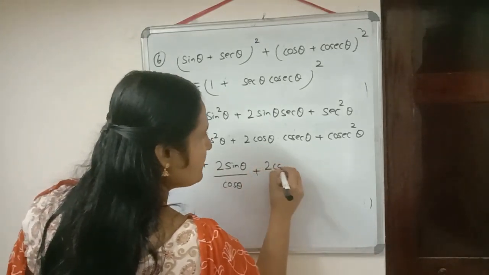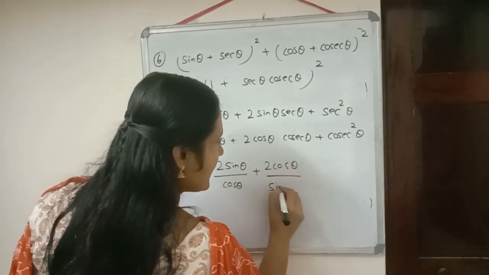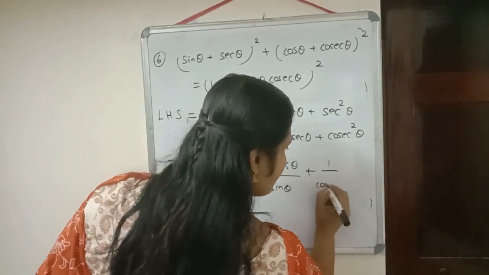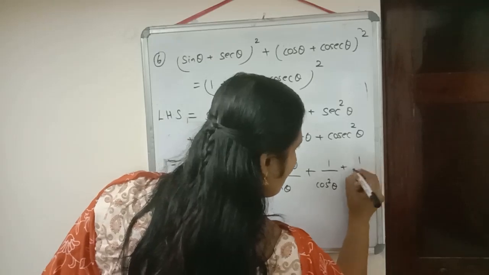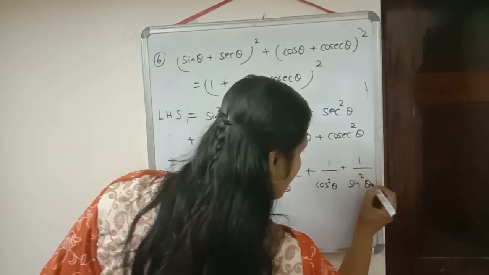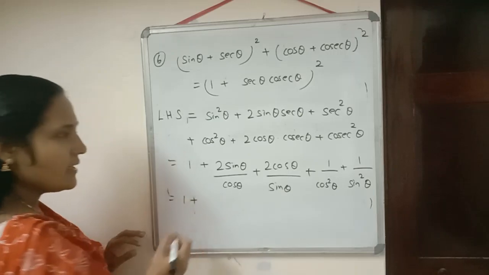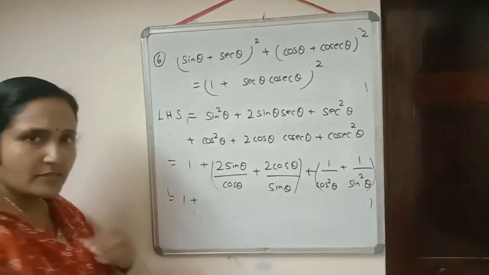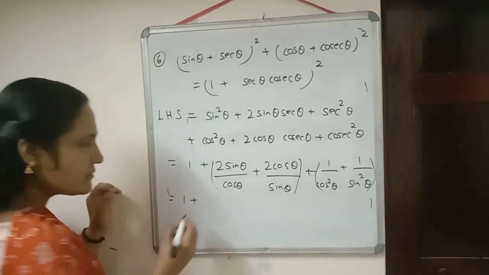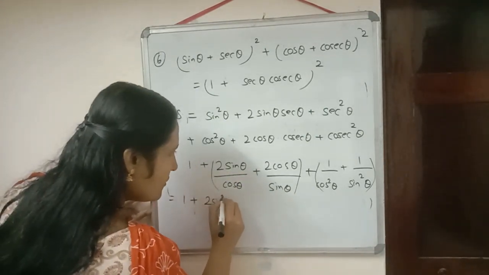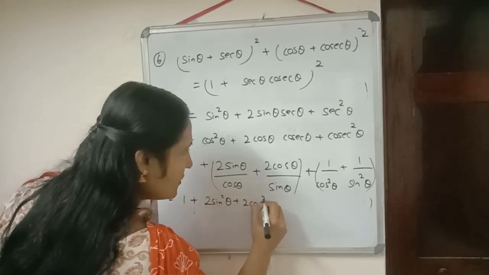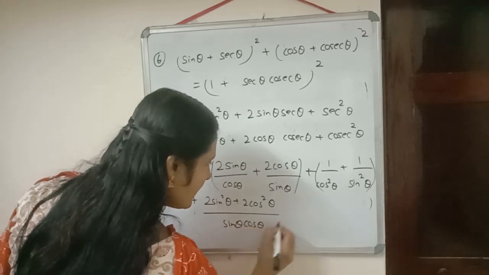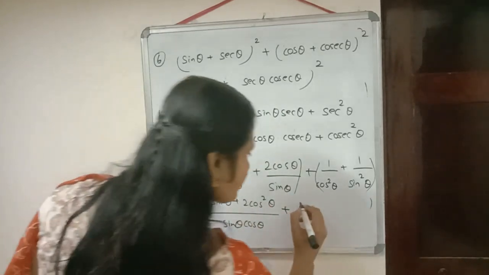Similarly here what will come? 2 cos theta by sin theta plus sec square theta can be written as 1 by cos square theta plus cosec square theta can be written as 1 by sin square theta. Now here we are simplifying it in this way. In groups we are going to simplify there. If you will do the cross multiplication, you will get here 2 sin square theta plus 2 cos square theta by sin theta into cos theta plus here what will come?